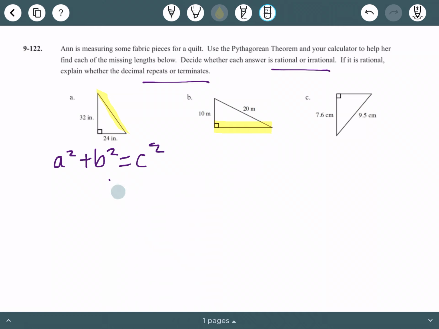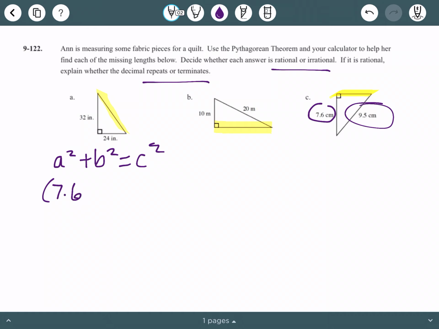And for c here, it looks like they do give us the hypotenuse and one leg. So we are solving for another leg of a triangle here. I know that my hypotenuse absolutely has to go in for c. My leg, it doesn't matter whether it goes in for a or b, so I'm going to put it in for a.